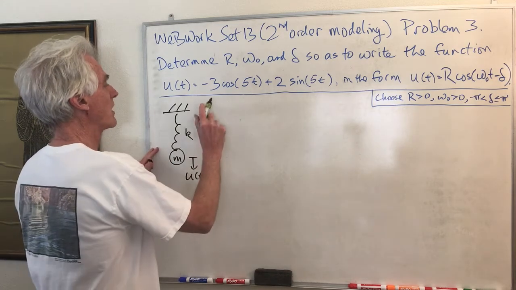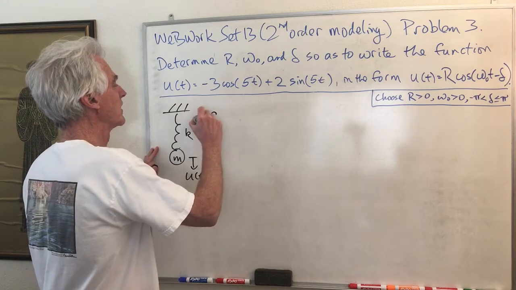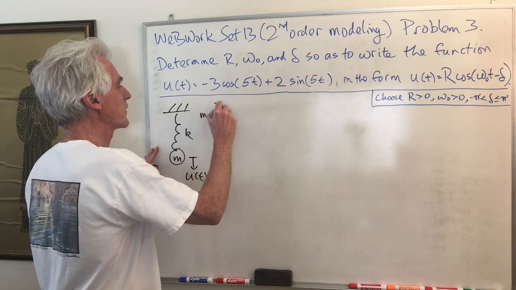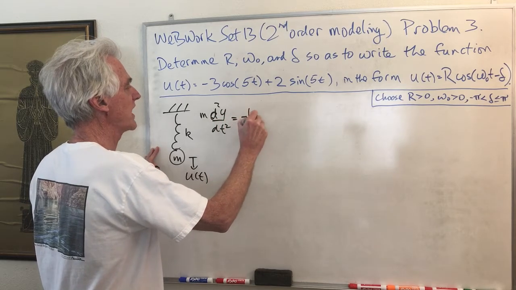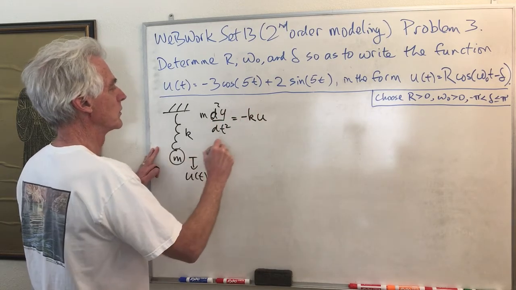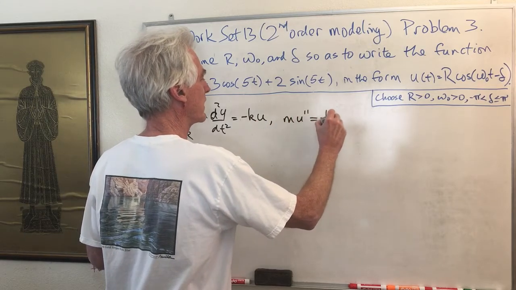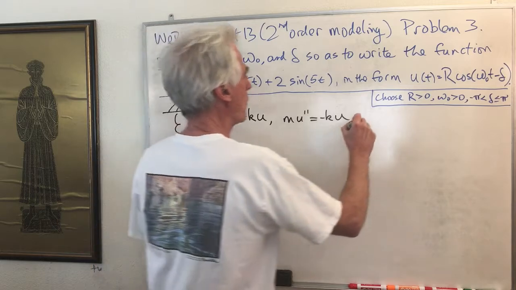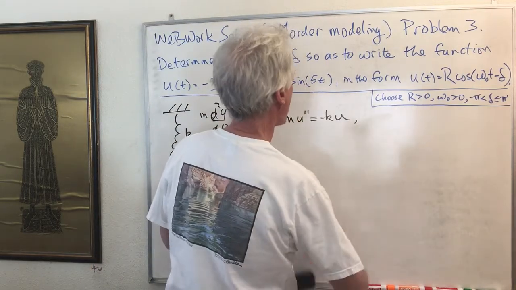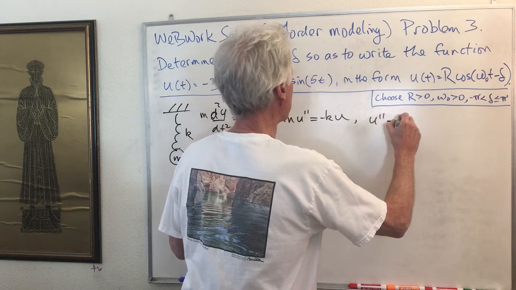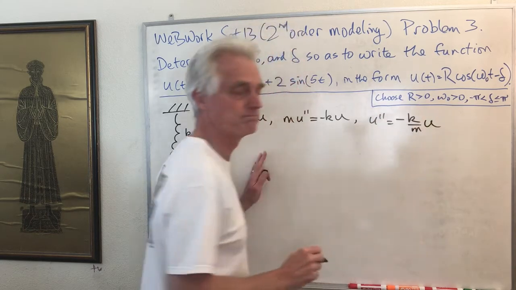Newton's law says that mass times acceleration is the force: mass times d squared u dt squared is minus k times u, or m u double prime is minus k u, or u double prime is minus k over m times u.